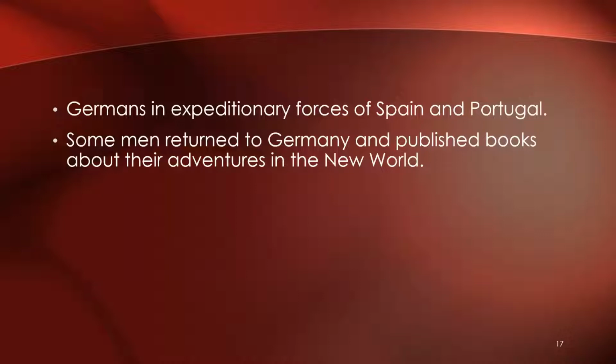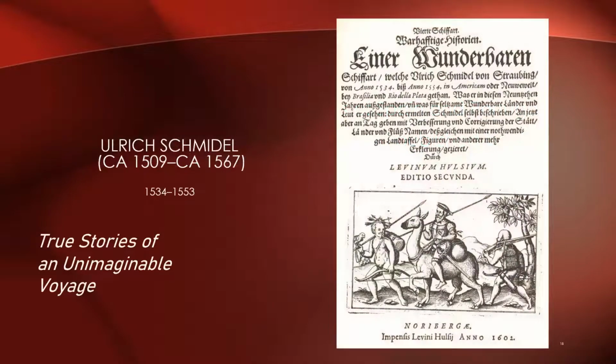In general, they were Germans in expeditionary forces of Spain and Portugal. A couple of men returned to Germany and published books about their adventures in the New World. So we're going to take a look at these two men at this time.